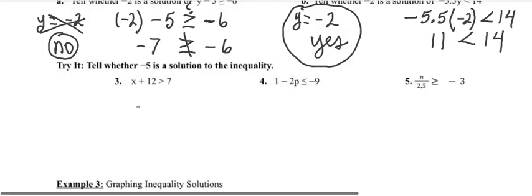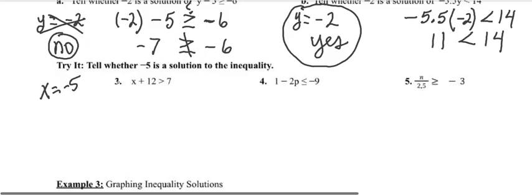All right, Chaz, what about number 3? Basically we're figuring, could x equal -5? That's the question. Instead of x, what am I going to put in there? I'm going to take out the x and put what in its place?